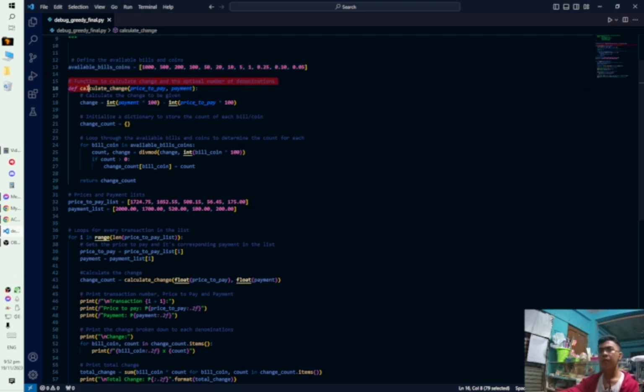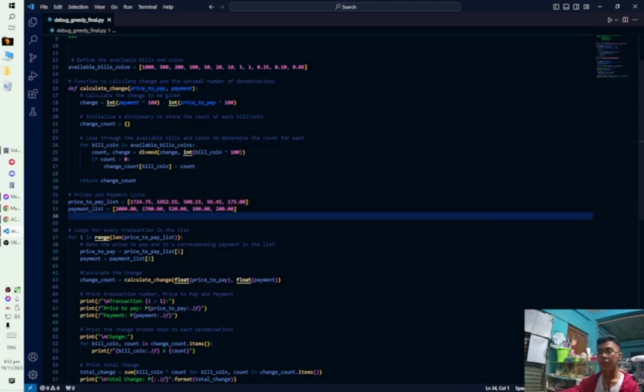Now, the next thing is the function. We have here a function, calculate change, with two parameters, the price to pay and the payment. It will get each parameter from this list here.